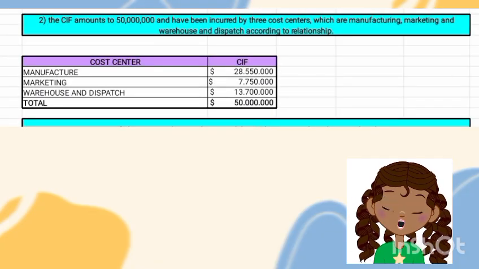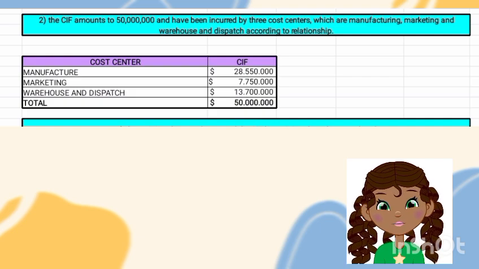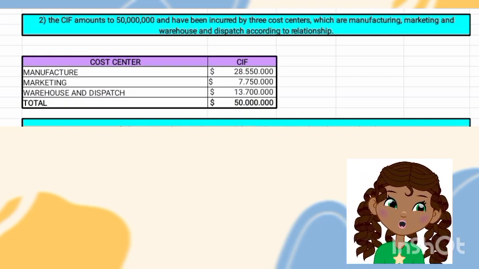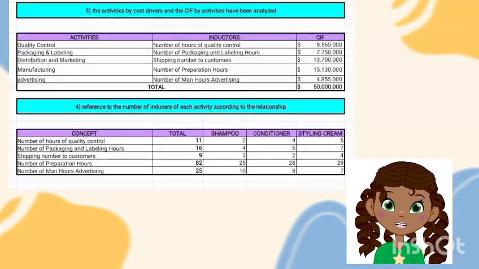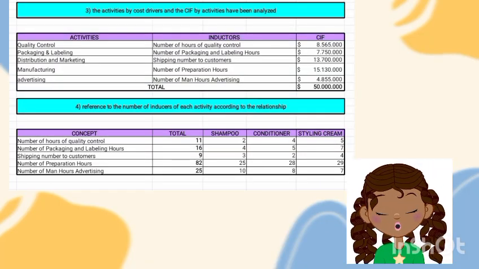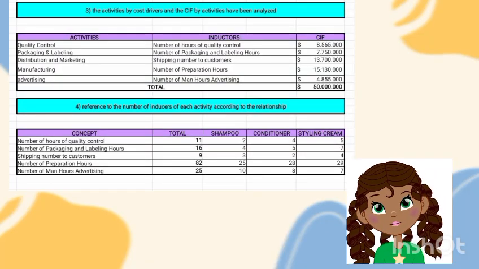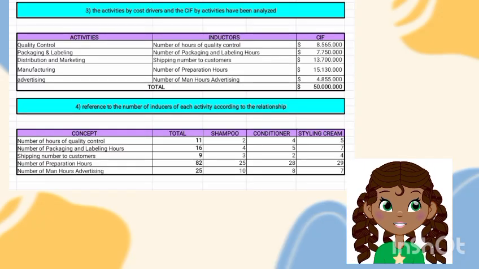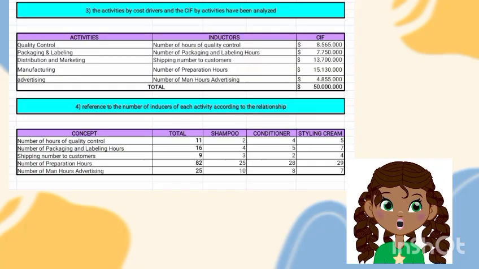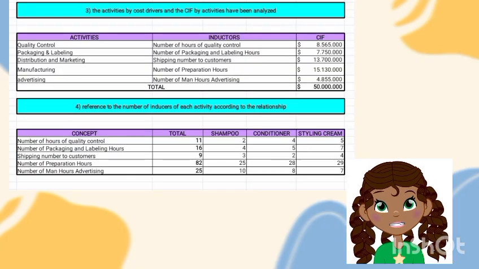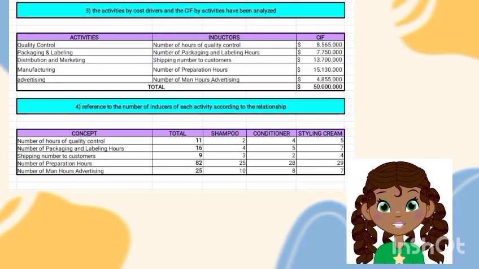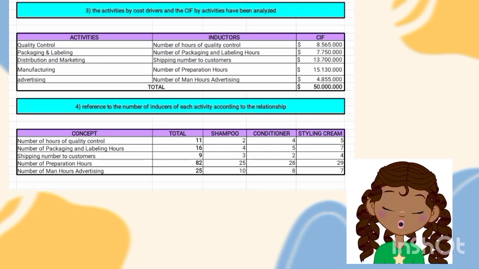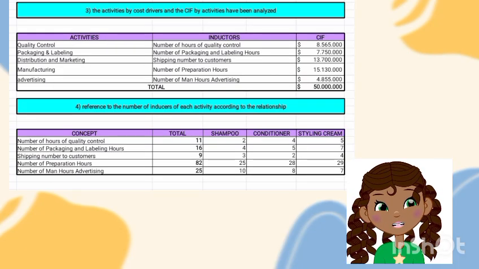In the second table, the cost centers that interfere with the indirect cost of manufacturing should be distinguished and a value determined for each cost center. In the third table, we make an analysis of the activity by cost centers and the indirect cost of manufacturing by activity with their corresponding value. We also show the number of drivers of each activity and product.